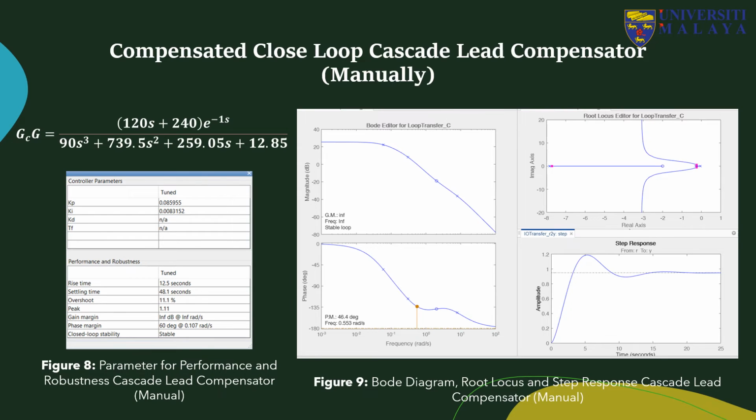From this data, by using the PID tuner again, the rise time is 12.5 seconds, settling time is reduced to 48.1 seconds, overshoot is reduced to 11.1%, and the peak is 1.11.